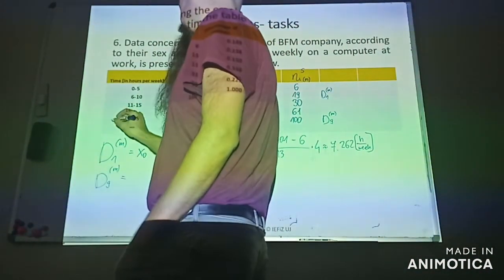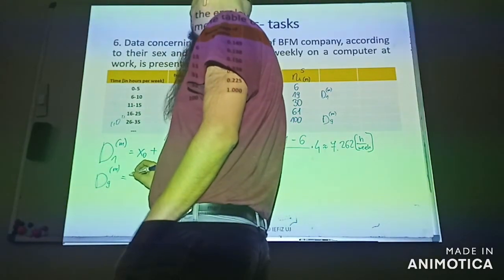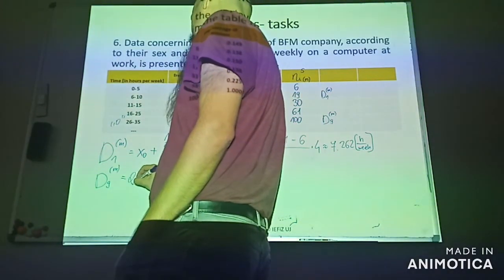We change the 0 level, and now x0 is 26.